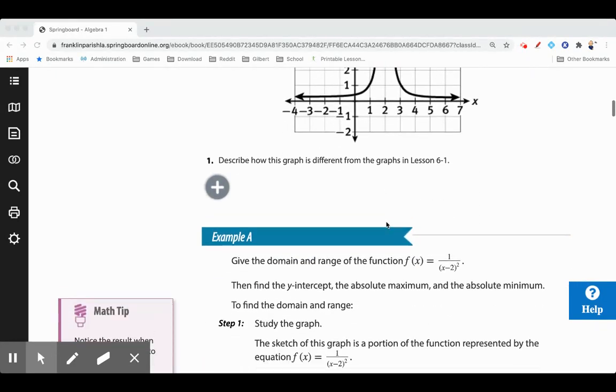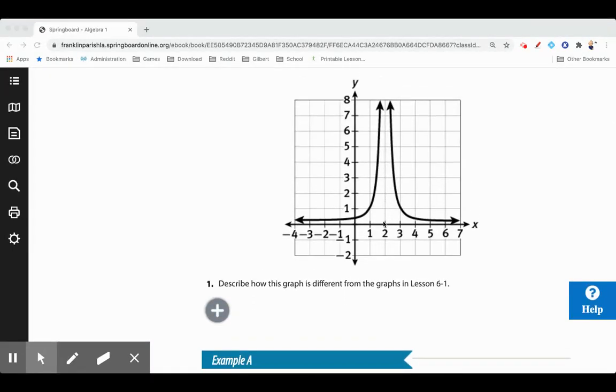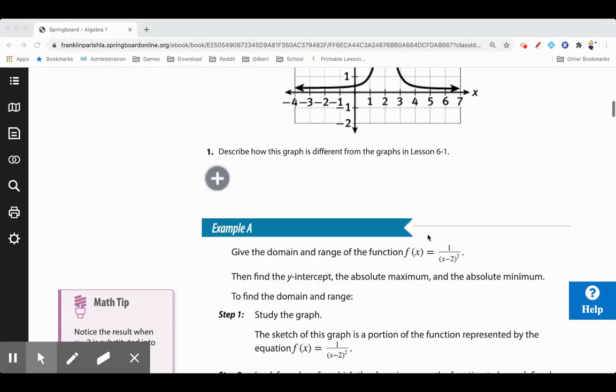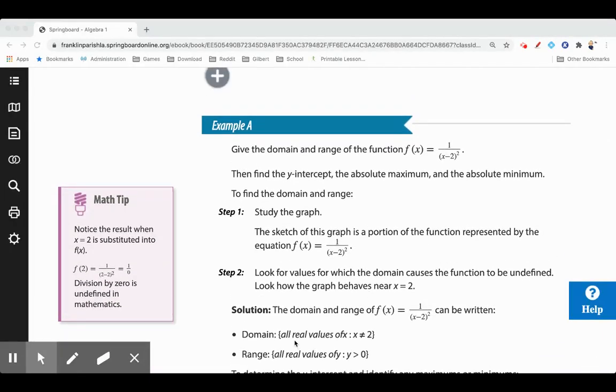So our domain is not going to include 2, but every other number from negative infinity to infinity is going to be included. And basically we'd say that with our words: the domain is all of the real values of x except for x equals 2. X cannot be equal to 2.